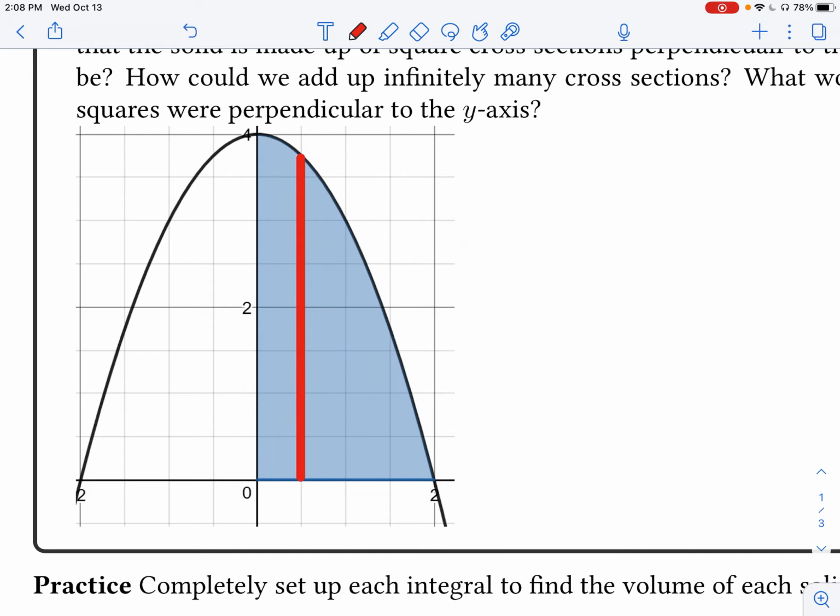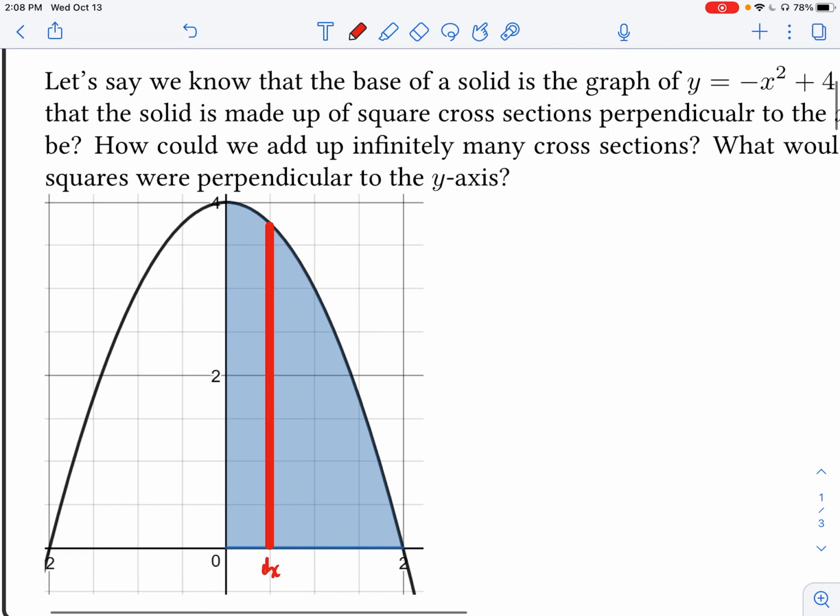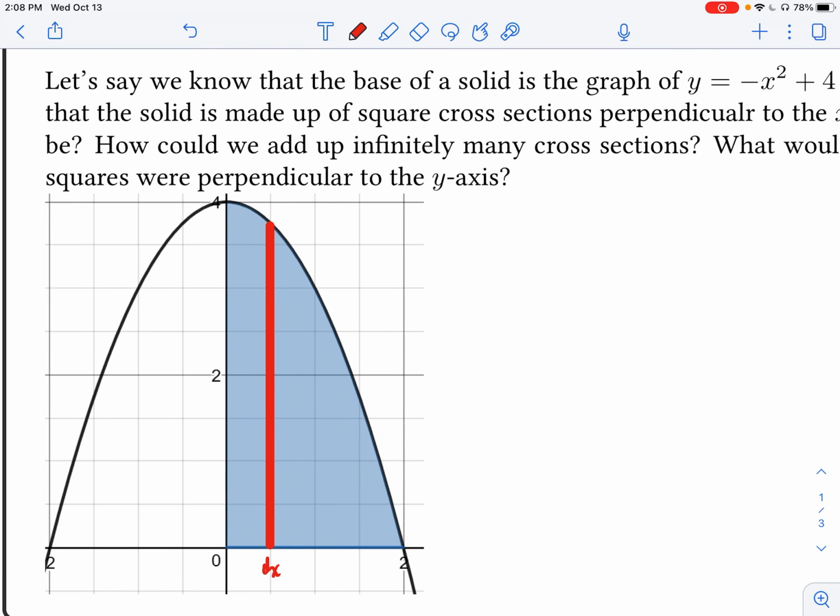So suppose we have one of our small subintervals here, and it has a width of dx. We also know that the height of one of these tiny rectangles, or thin slivers, is the value of the function at that given x.